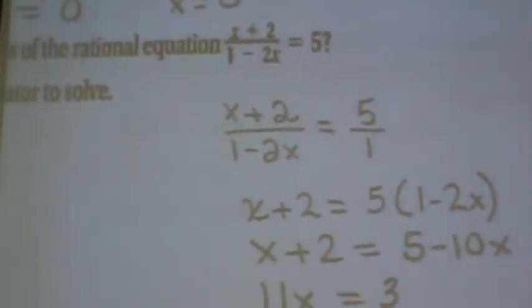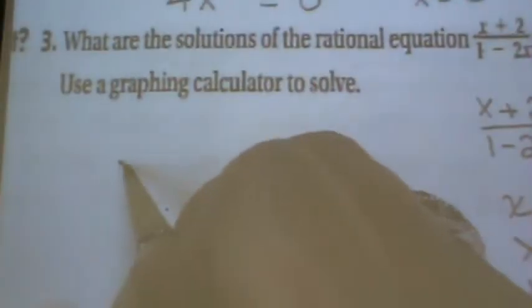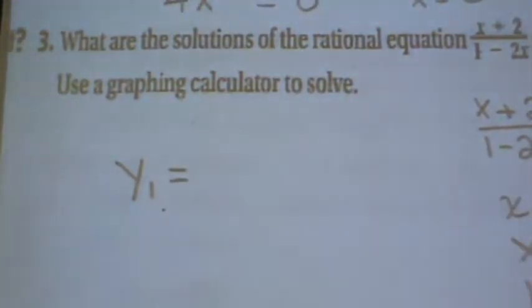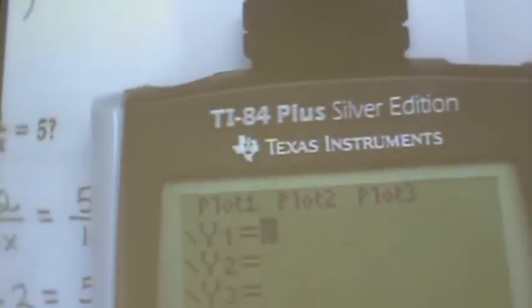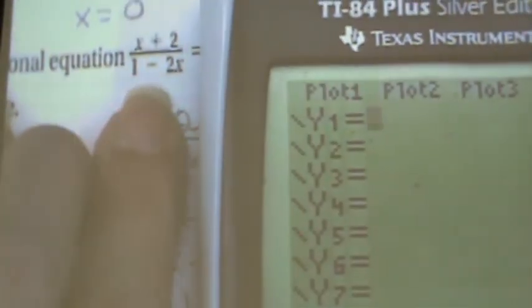You can use a graphing calculator. I'm going to type this equation into my calculator. How are you going to type this in your calculator? Well, if you're using the old calculators, the 83s, how do you type this in? You're going to go to y equals. Now, I need to do this fraction. This is where it's tricky.